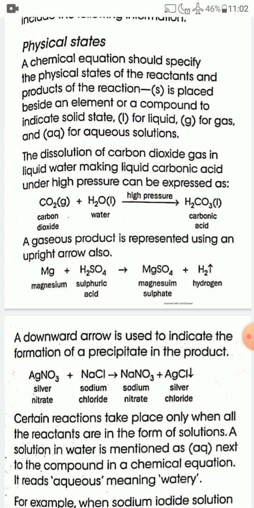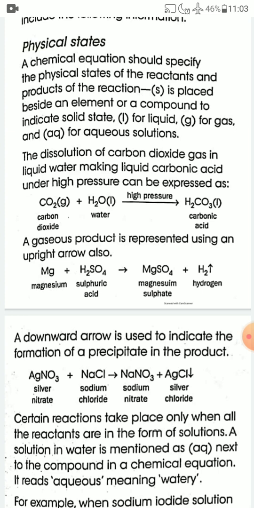You have to write S within bracket beside an element or compound to indicate the solid state, you have to write L for liquid state, you have to write G for gaseous state, and you have to write AQ within bracket for aqueous solution.